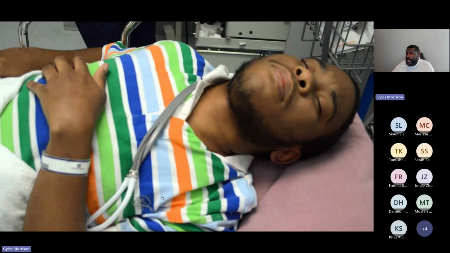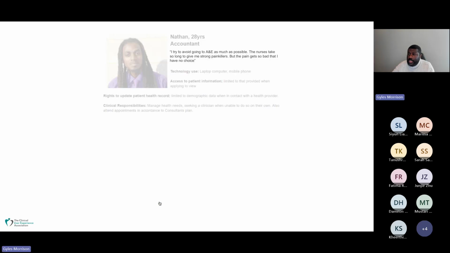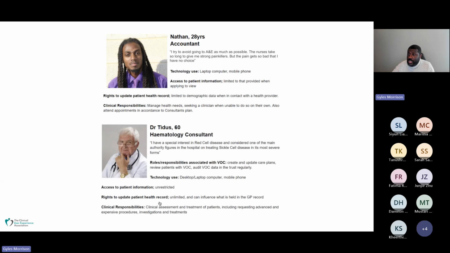But the main thing here was recognizing that no matter what, a constant in this patient journey is the patient themselves. And even though there's all this different stuff that could be done for that patient, we've got to think about what's the solution that's going to help them the most. And so I started creating some personas, thinking about the main players that are involved with all of this.